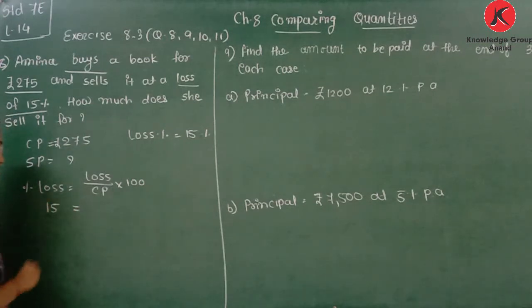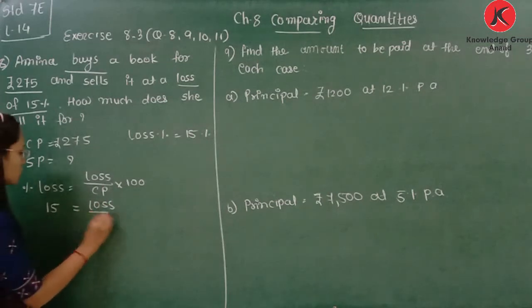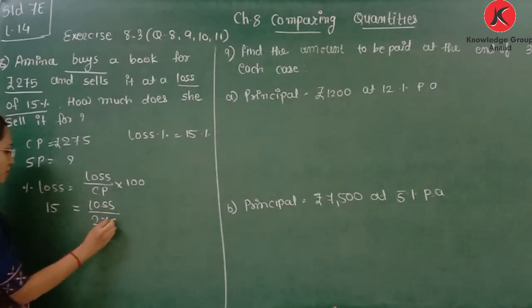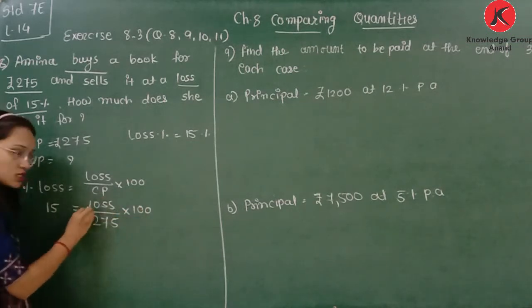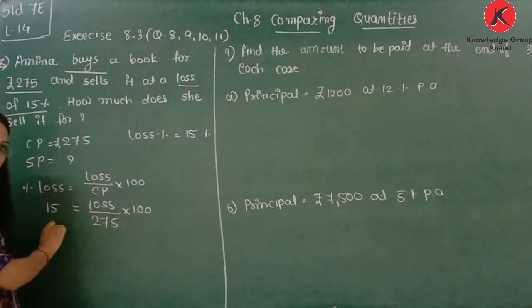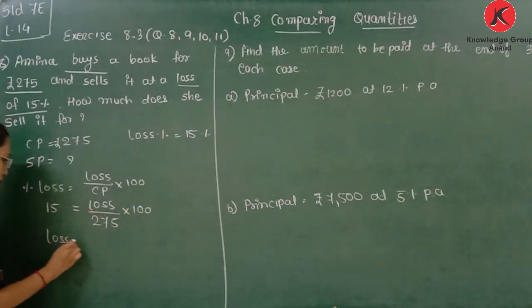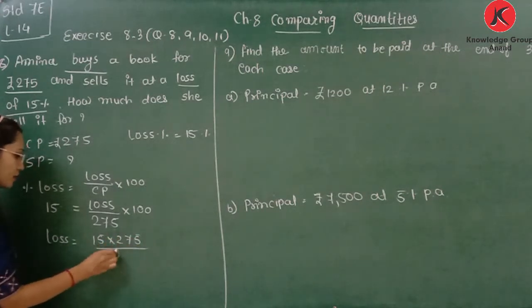So here loss percentage is 15, loss in rupees we get from this equation, CP is 275, multiplied by 100. Now here we need to find the loss in rupees. So take 275 in the multiply and 100 in the divide. So loss will be 15 multiplied by 275 divided by 100.